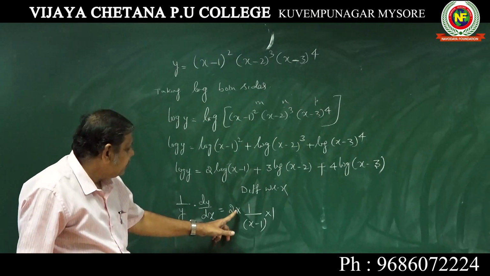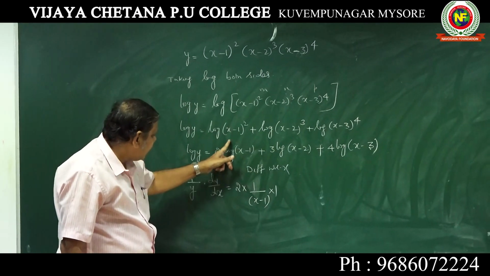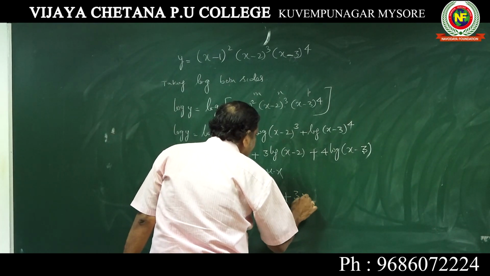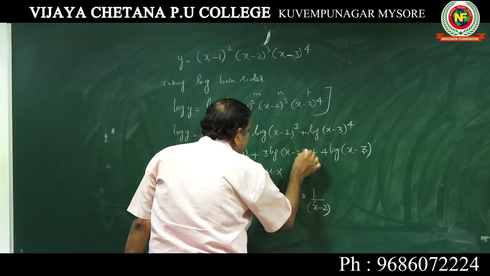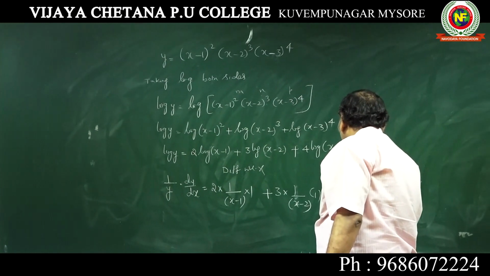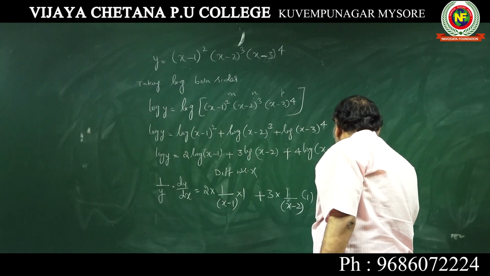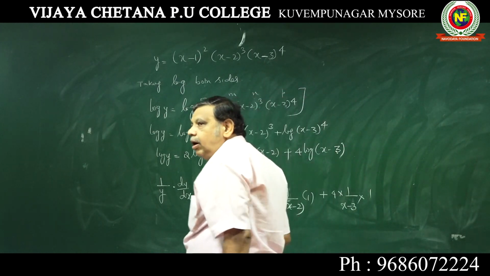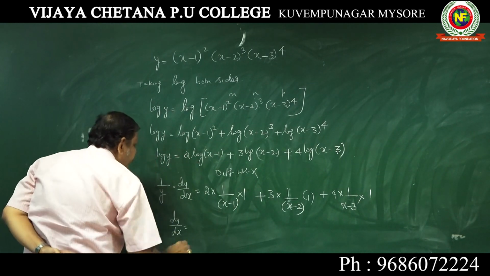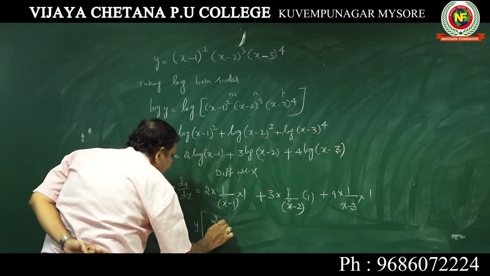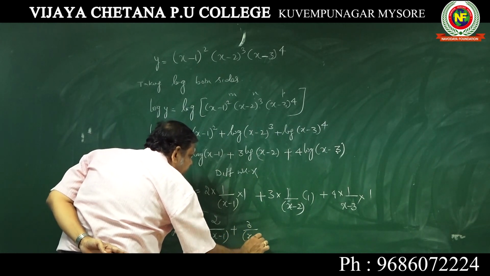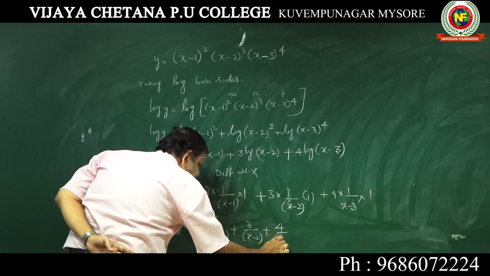You should note here: 2 into 1 over (x minus 1) into 1, plus 3 into 1 over (x minus 2) into d by dx of (x minus 2), which is 1, plus 4 into 1 over (x minus 3) into the differential coefficient of (x minus 3), which is 1. So dy by dx is equal to y into [2 over (x minus 1) plus 3 over (x minus 2) plus 4 over (x minus 3)].